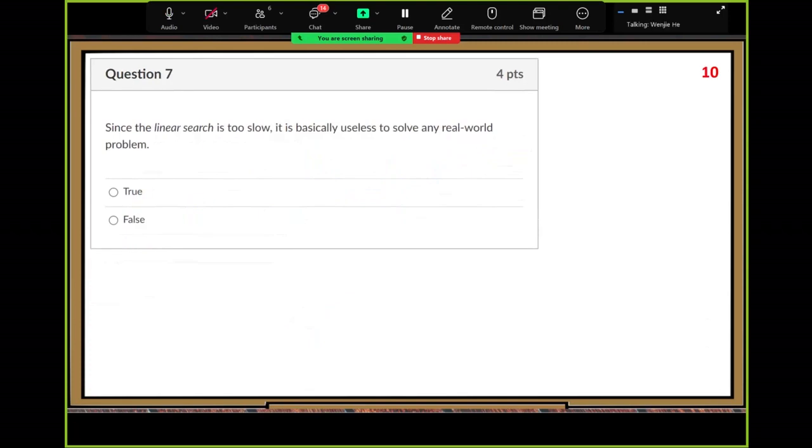Number 7, since the linear search is too slow, that's true. Linear search, in most of the cases, is very slow. If we use asymptotic notation, we use big theta of n. It is basically useless to solve any real-world problem, but the conclusion is wrong.